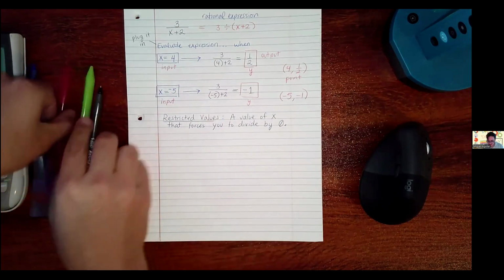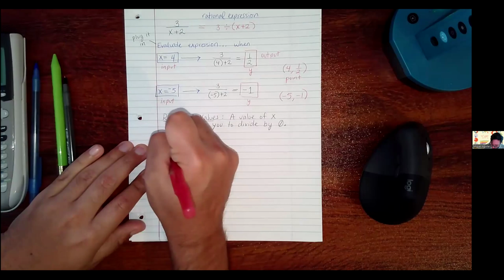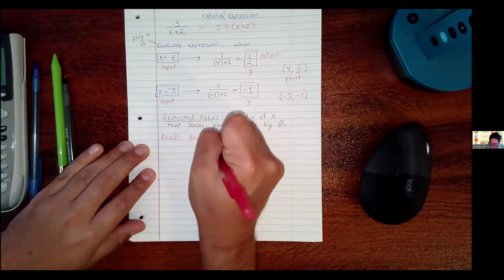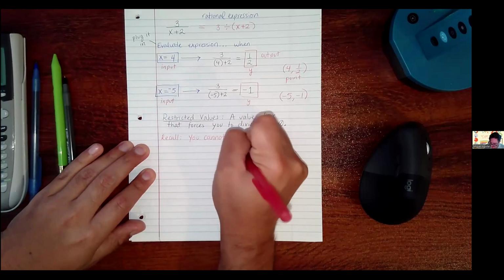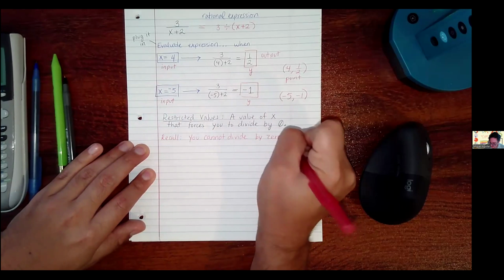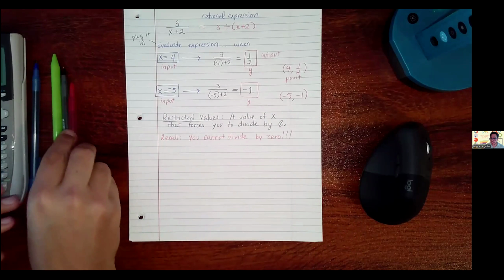Okay? And so maybe it's worth noting or recalling you absolutely cannot divide by 0. That is a major violation in the world of mathematics.